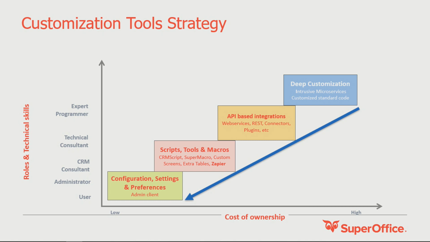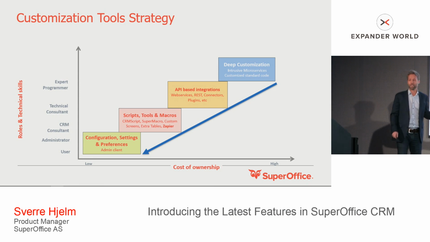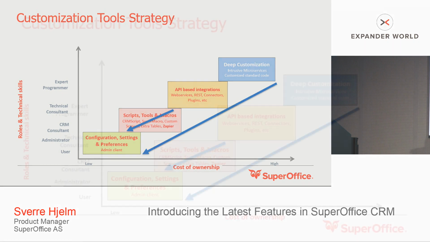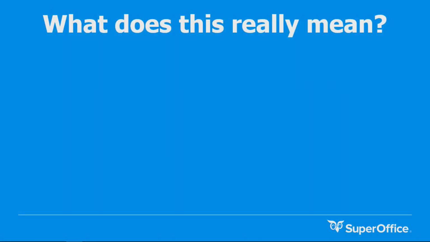So, you shouldn't have to use APIs if you can use scripts. You shouldn't have to use scripts if you can use a configuration. Even inside the boxes, we want you down to the left, right? So instead of a huge CRM script, it should be a small CRM script. Things like that.